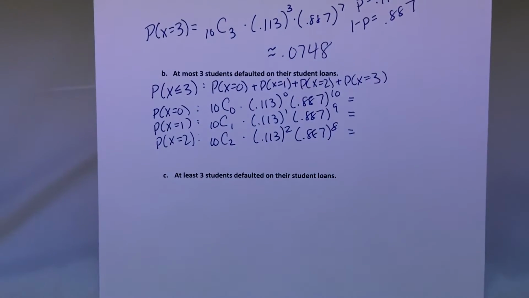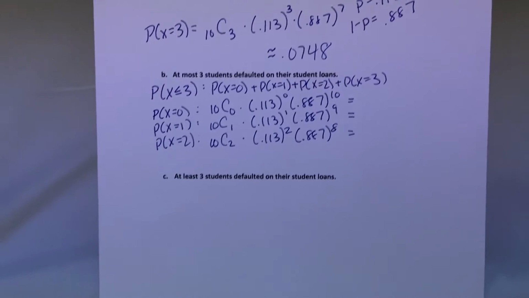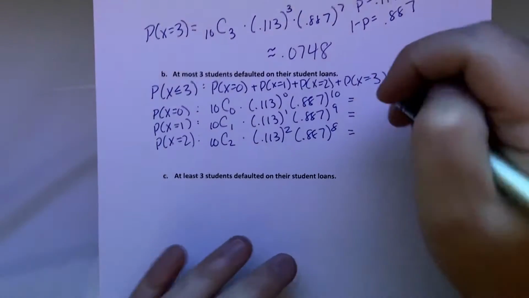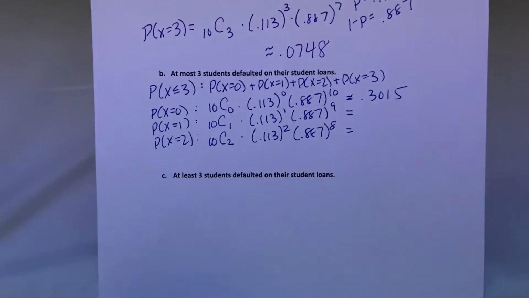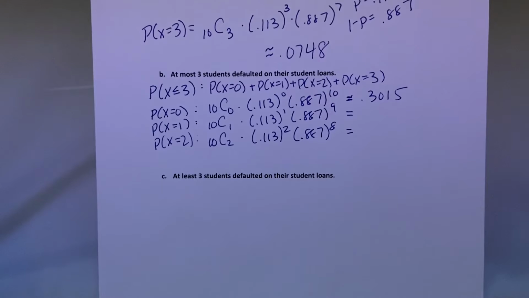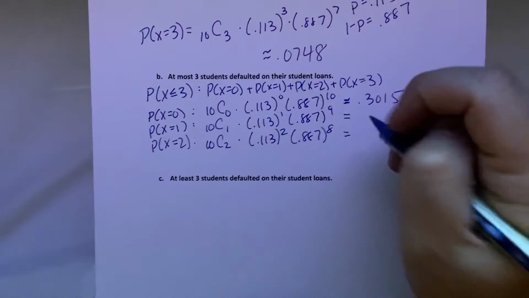Lots of calculation. Again, we don't hate having a calculator for this. First one, 0.3015. The second one, 10 choose 1, times 0.113 to the first, times 0.887 to the ninth, is 0.3841.